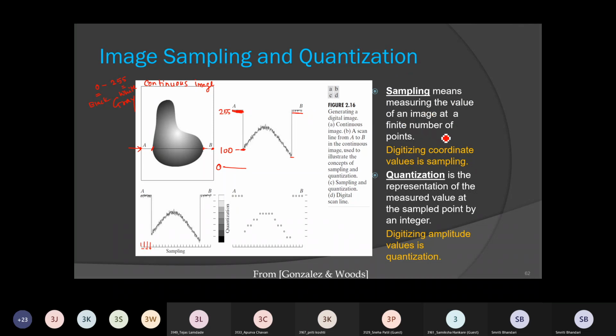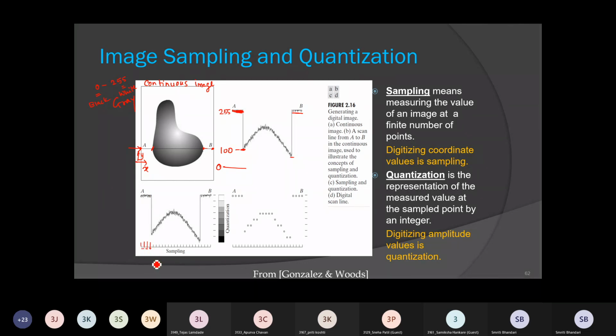So what is sampling? Sampling means measuring the value of an image at a finite number of points. Digitizing coordinate values is sampling. Let us assume that this horizontal is X and vertical is Y. Right now, using these sampling intervals, I'm trying to digitize the X coordinate.